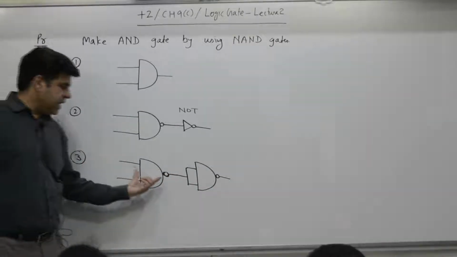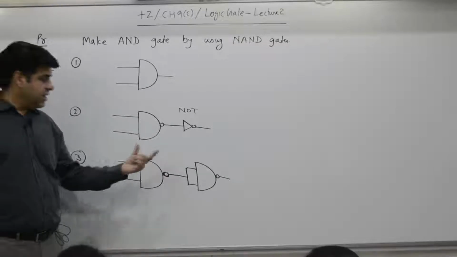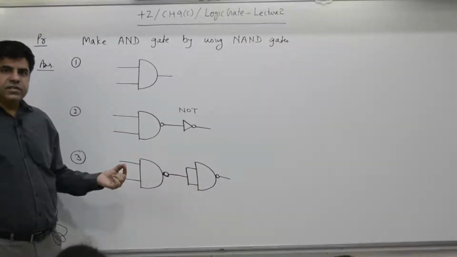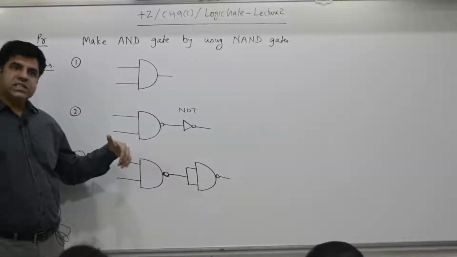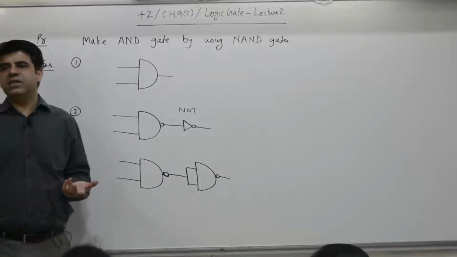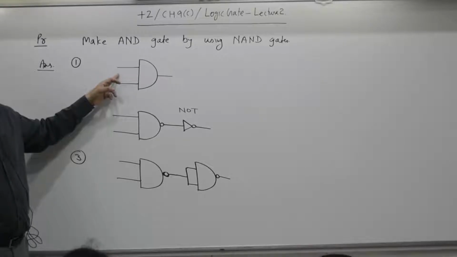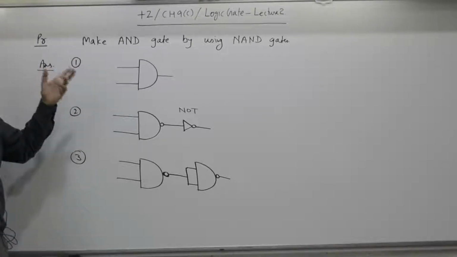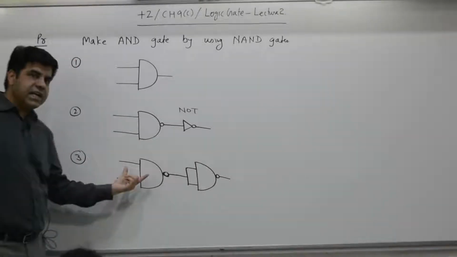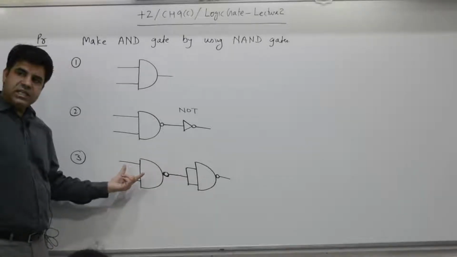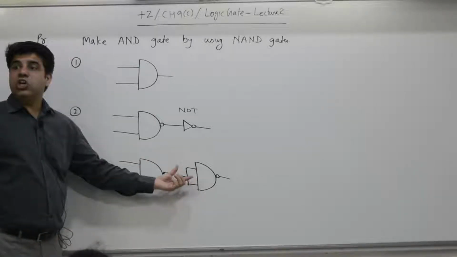So one NAND gate, another NAND gate, using NAND gates only. AND gate. So you can make one AND gate by using two NAND gates. One NAND gate is as it is, and the second NAND gate is short circuited.